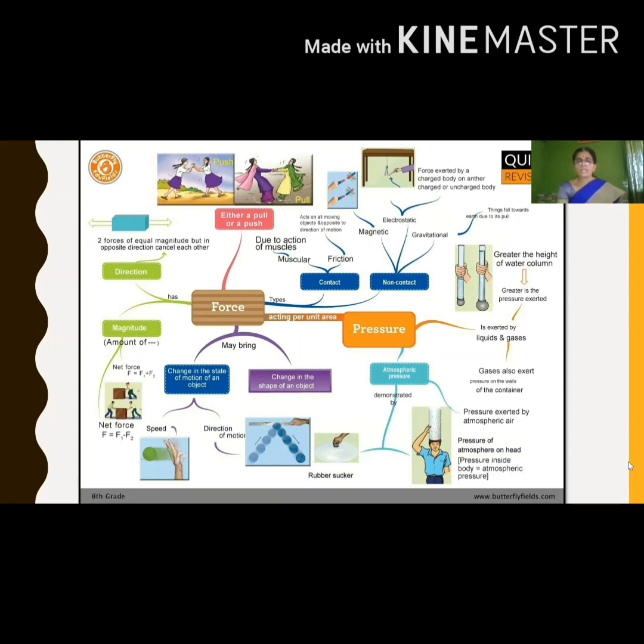You can see here, it changes the state of motion of an object. That is, it makes an object at rest move, it makes a moving object come to rest, it changes the direction of a moving object, it changes the shape of an object, etc.